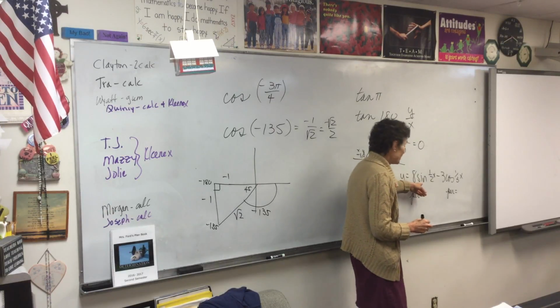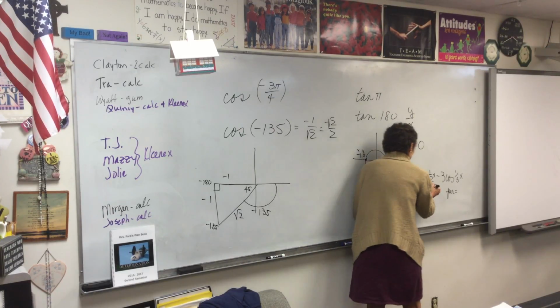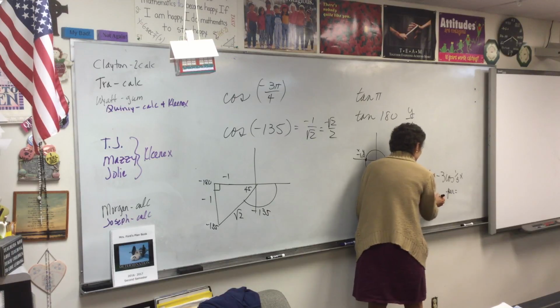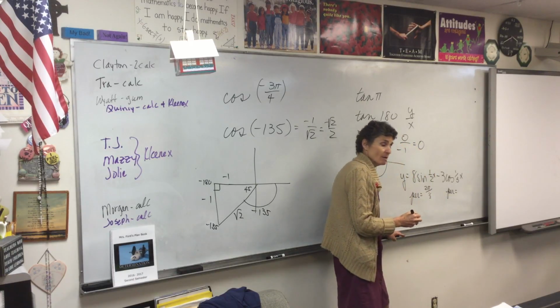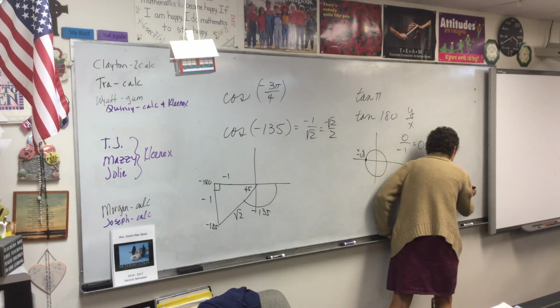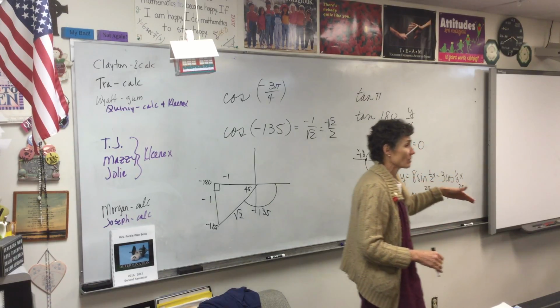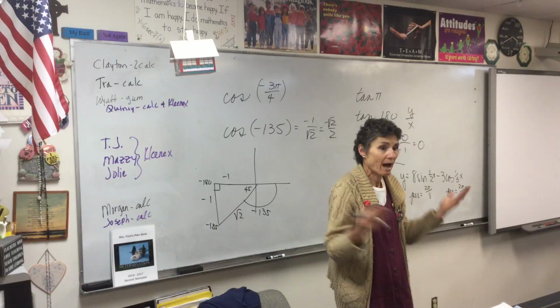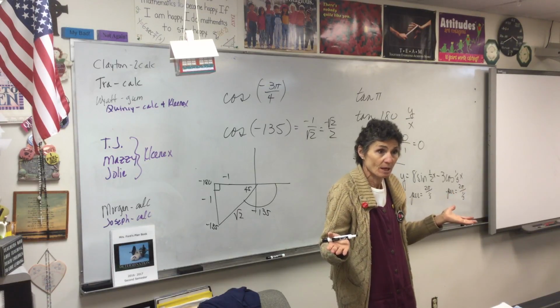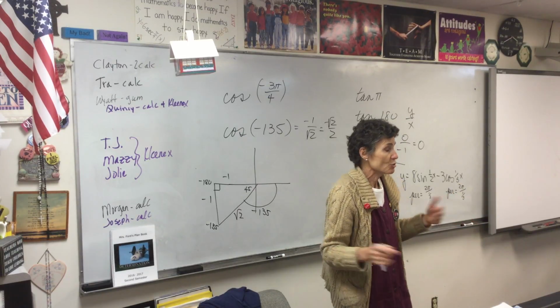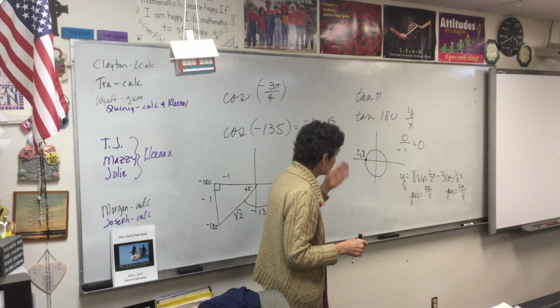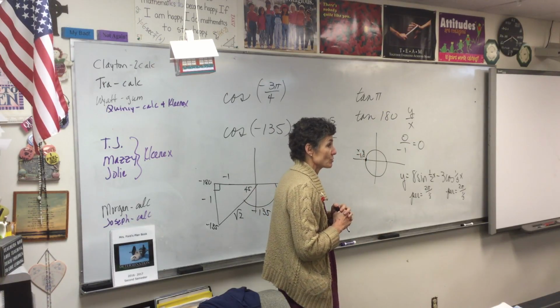But when you find the period of this, you're going to take 2 pi and divide it by a half. When you do this one, you're going to take 2 pi and divide it by a third. Since those two numbers, 1/2 and 1/3, are different, obviously the periods are going to be different numbers. So you can just tell by looking at this, no, it's not sinusoidal.